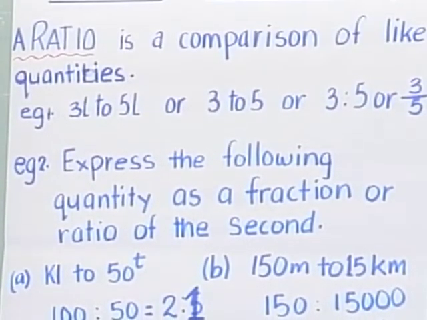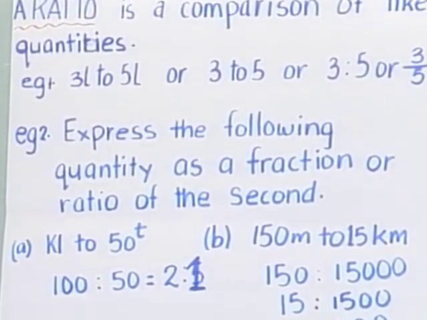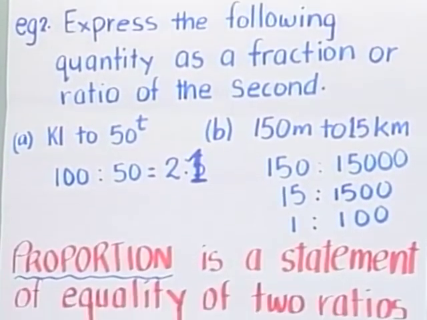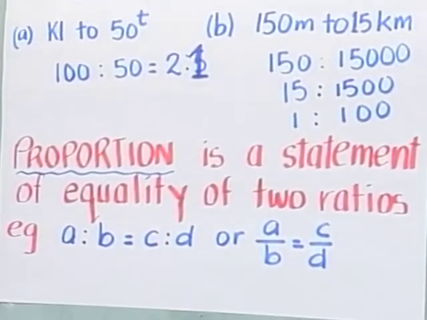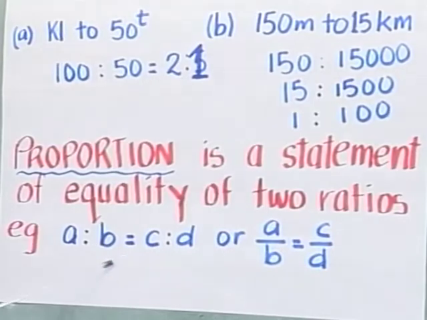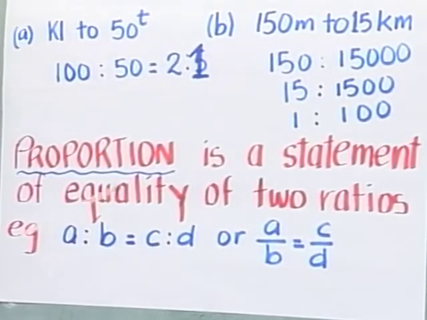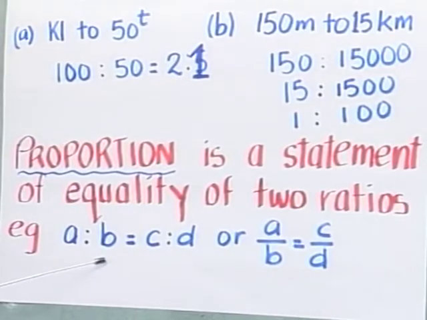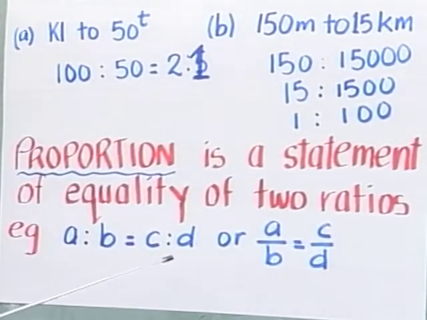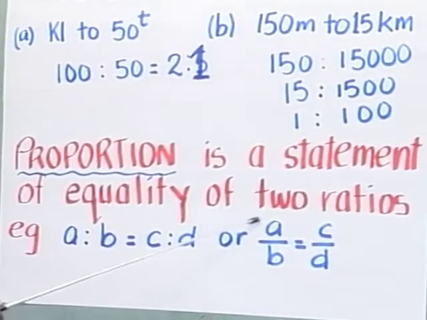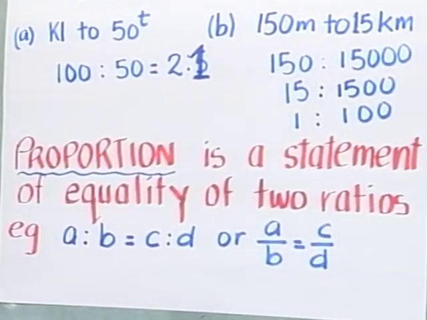Now, proportion. Proportion is a statement of equality of two ratios. For instance, if A and B are numbers, then A is to B is equal to two other numbers, C is to D. So a proportion is a statement that tells you that this is equal to this. Or in fraction form, A over B is equal to C over D. I've got an example here.